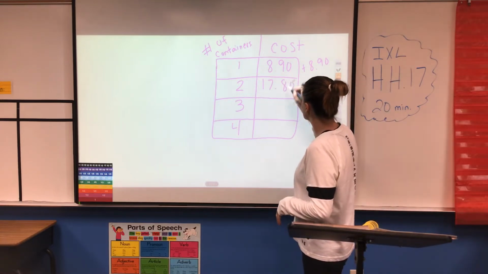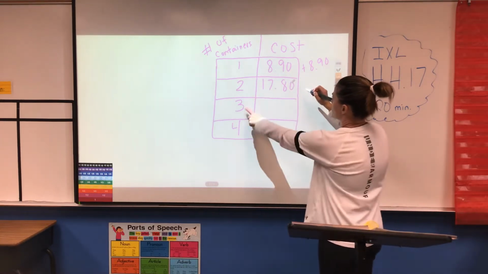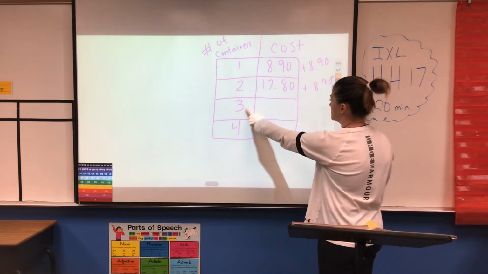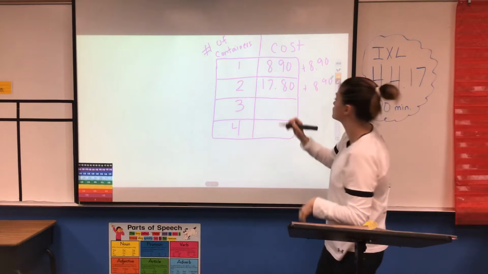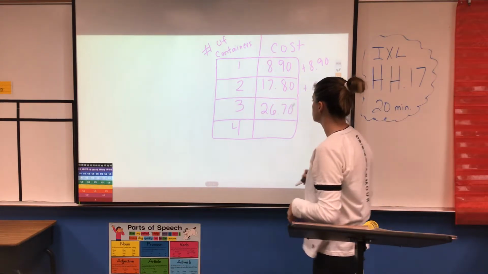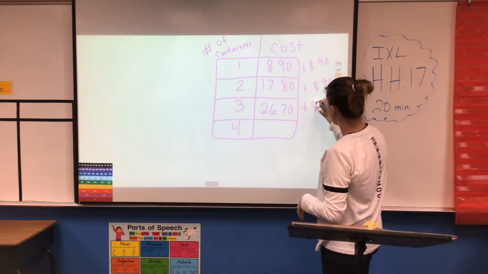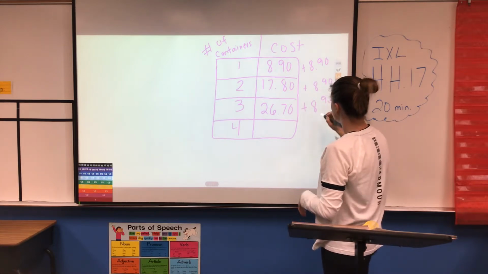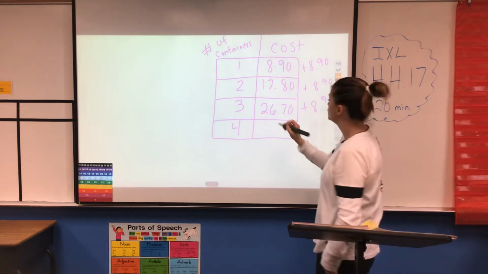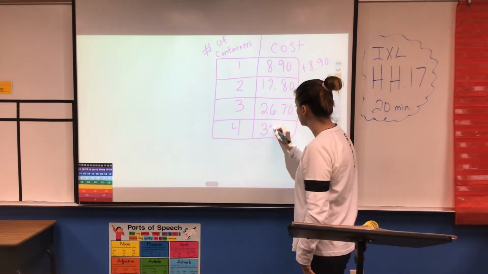And then again, for your third container, if you added $8.90 in again, you would get a total of $26.70. If you added $8.90 once again, so you're now looking at having a fourth container, you would get a total of $35.60.